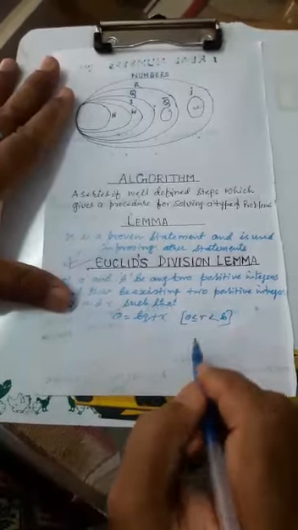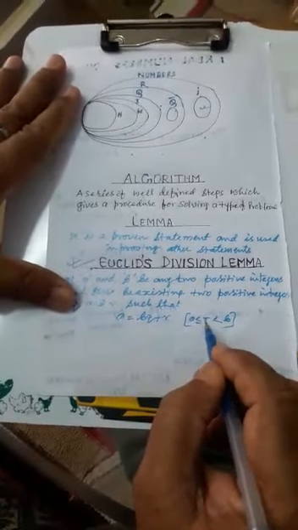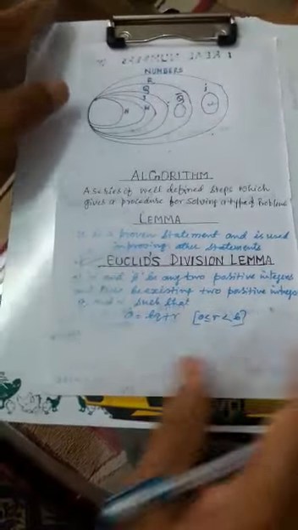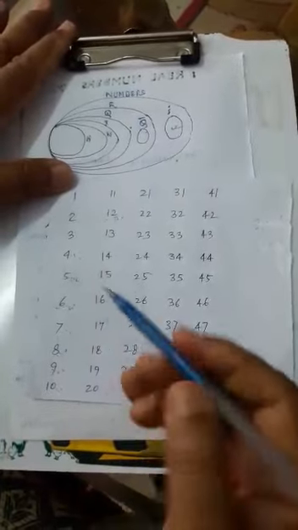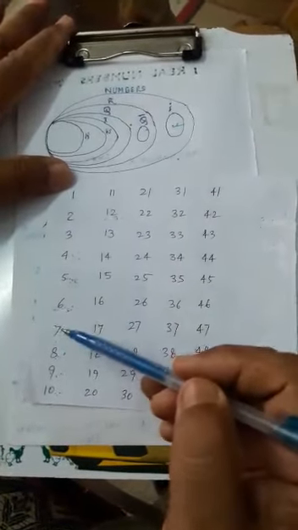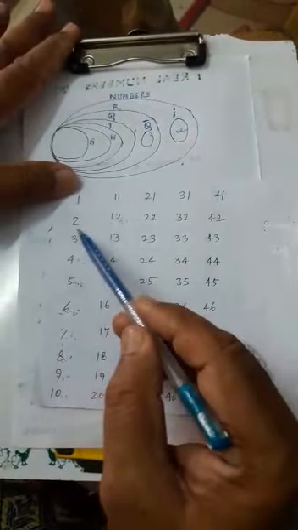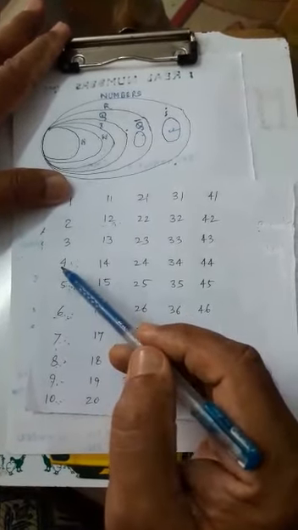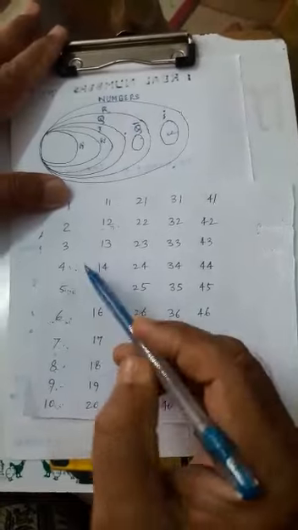Now here there is one question: why will the value of r be less than the value of the divisor? You can understand this by the natural number set. I am taking the set of the first 50 natural numbers. When we look at it carefully, we see that even numbers and odd numbers occur alternately.